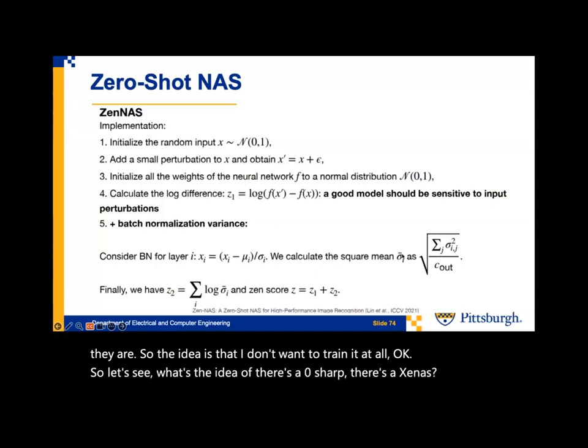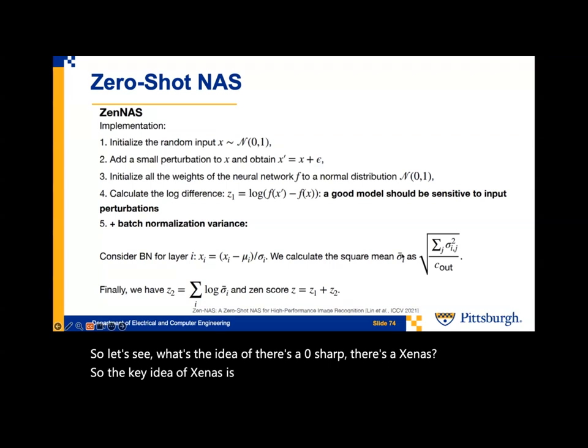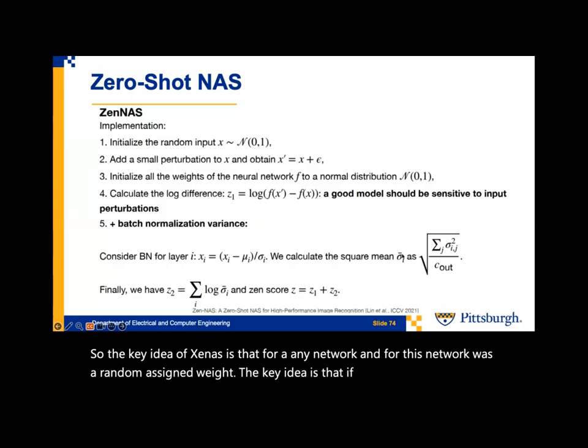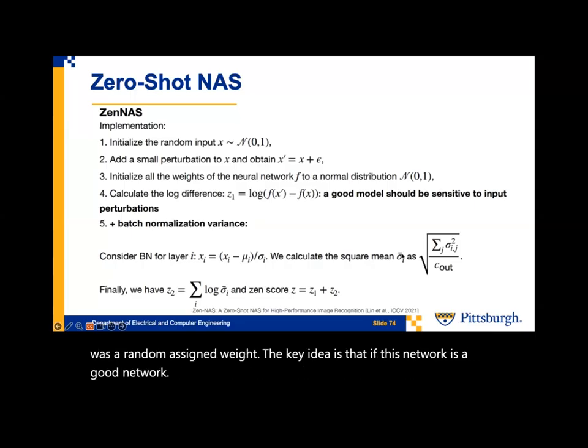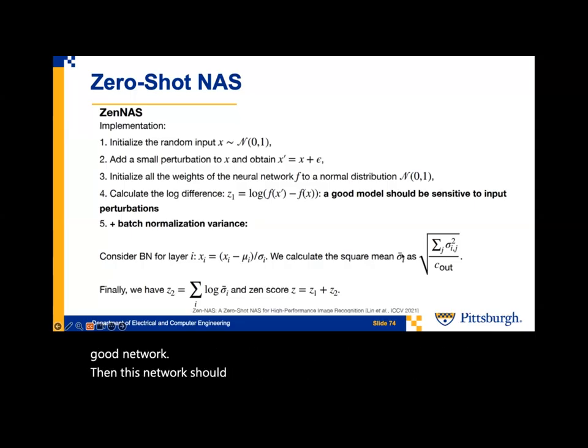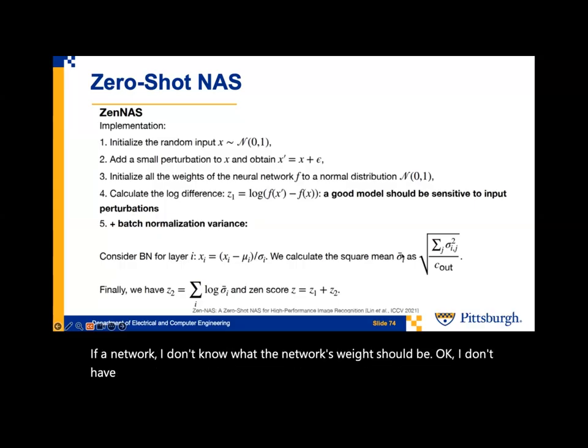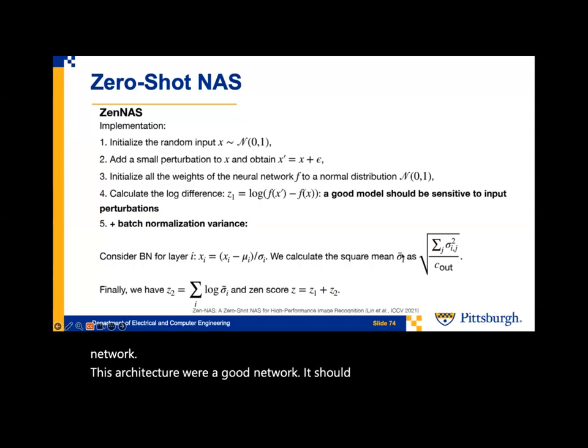The key idea of ZenNAS is that for any network with randomly assigned weights, if this network is a good network, then it should be sensitive to perturbations. I don't know what the network's weights should be. I haven't trained it. But if this architecture were a good network, it should be sensitive to input perturbation.